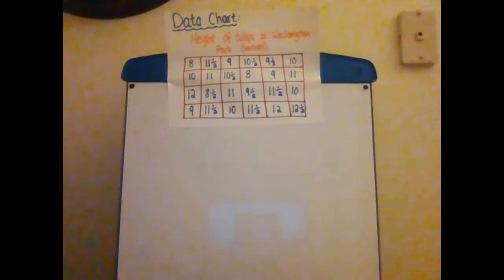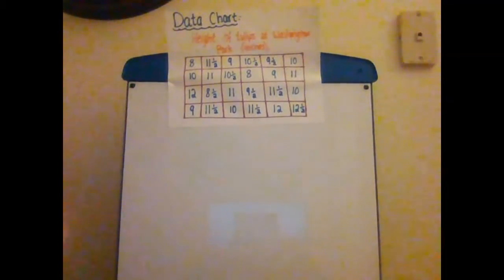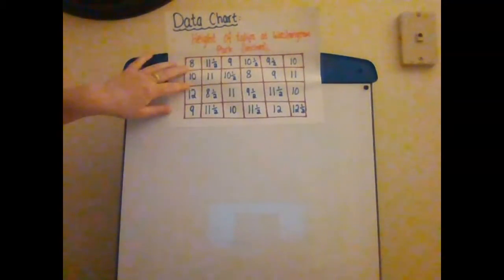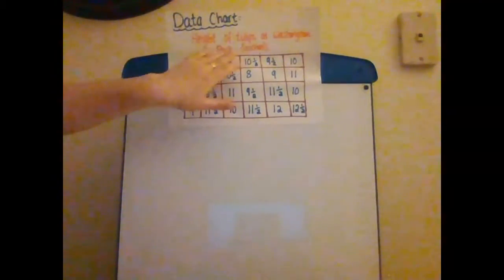This year they're doing it online tomorrow, which is Saturday, May 9th, so you can watch it online and take a tour of Washington Park. Or if you're going to be safe at a social distance, I recommend you actually go and see the tulips for yourself. So here is a data chart that has the height of tulips at Washington Park.